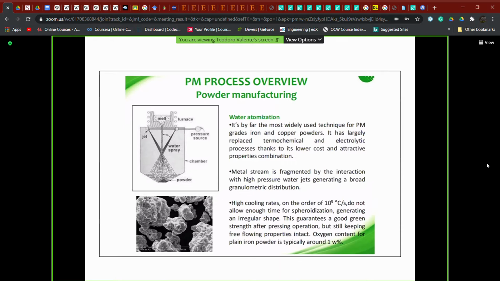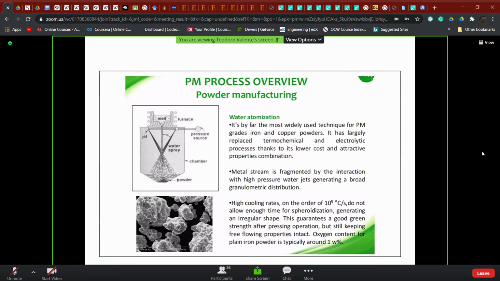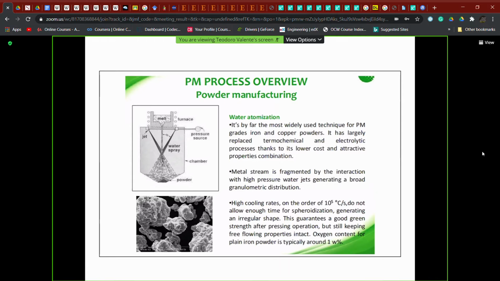higher flexibility. In this case, we start from a liquid metallic melt. The melt is obtained by using a furnace and then is ejected through a nozzle, and the same melt stream is then fragmented by interaction with high-pressure water jets, which are able to generate a broad granulometric distribution of the solidified powders.